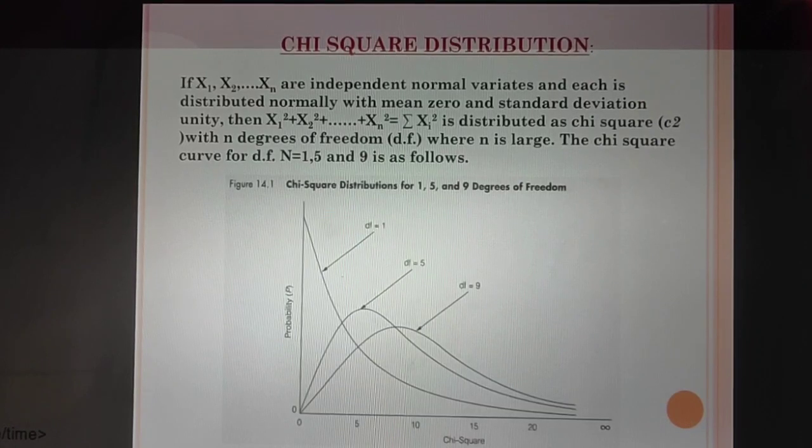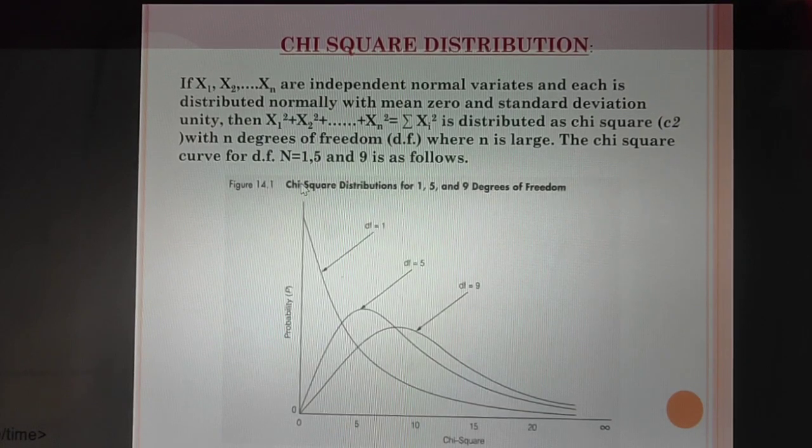I have plotted the chi-square distribution for different degrees of freedom. For degree of freedom 1 we get this curve, for degree of freedom 5 we get something like this, and for degree of freedom 9 we get a curve like this one.